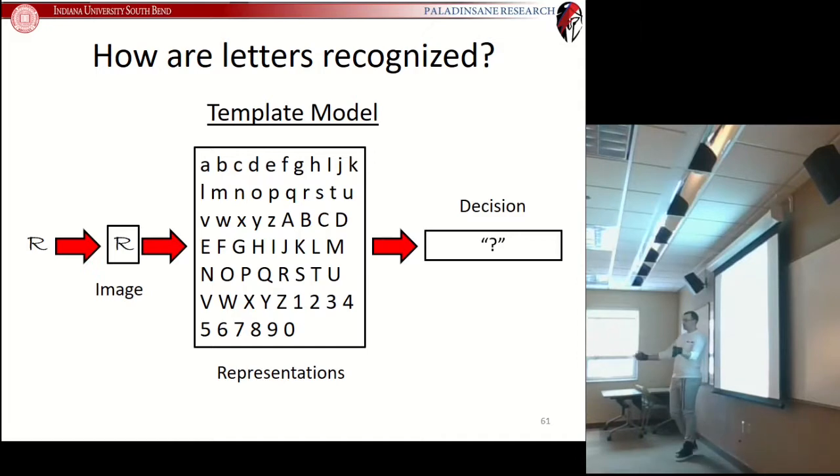And then all of a sudden, you've got 10,000 templates in your model. Well, that's great, but now it takes your computer 30 minutes to search through all the templates to find a single letter. So the ability to read, the ability to recognize letters, was really difficult for the longest time.